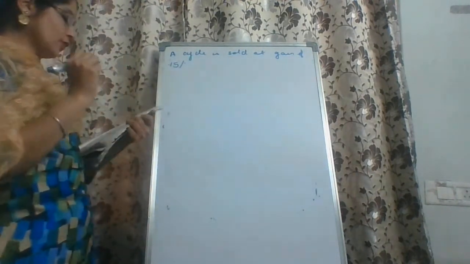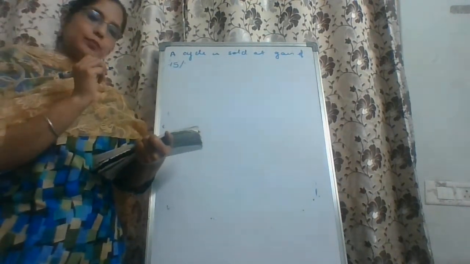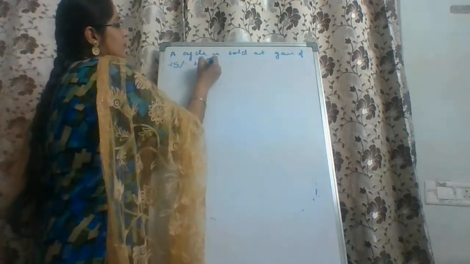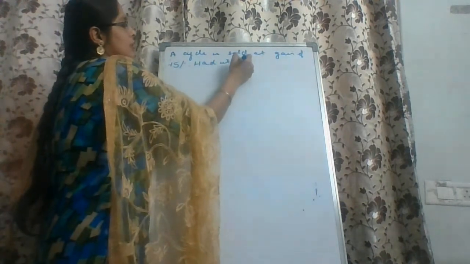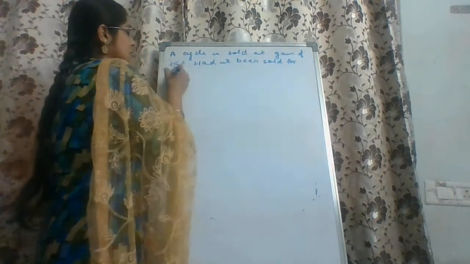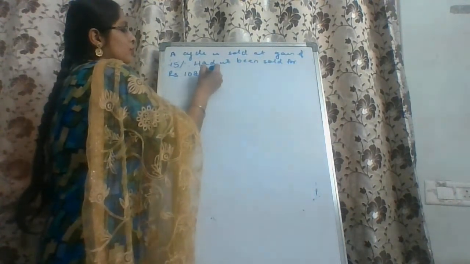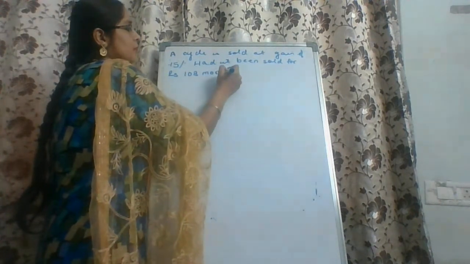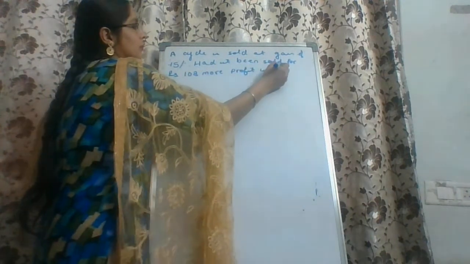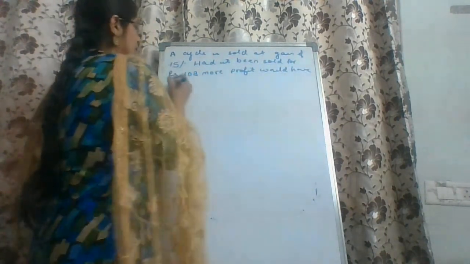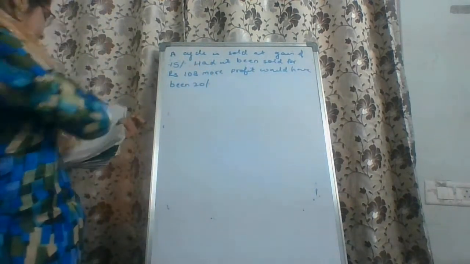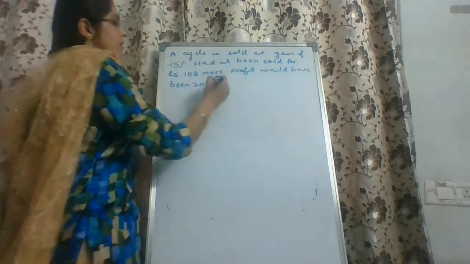Had it been sold for rupees 108 more, the profit would have been 20%. Find its CP.